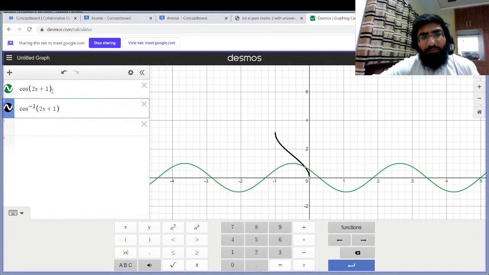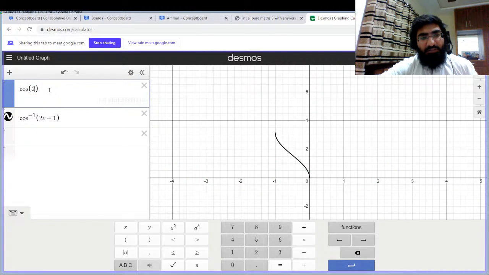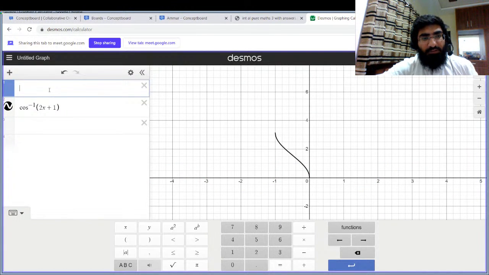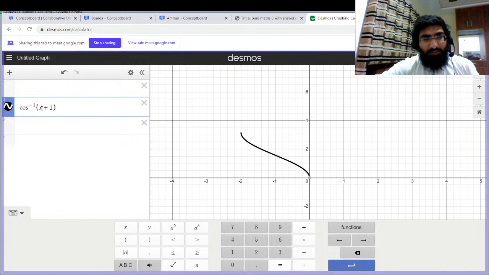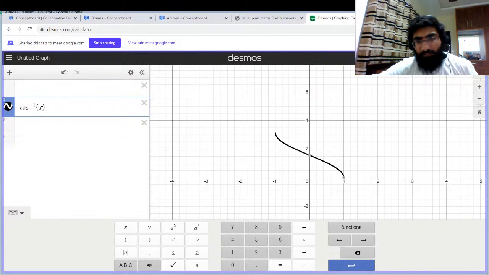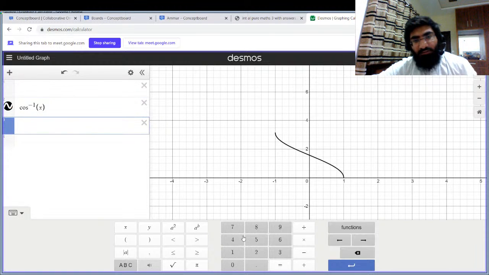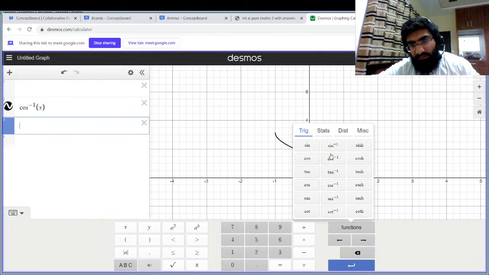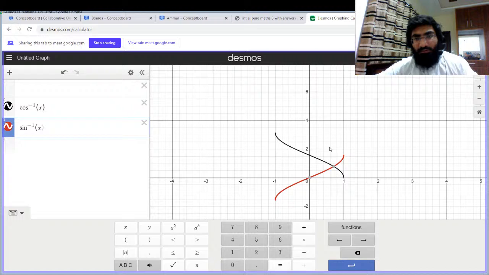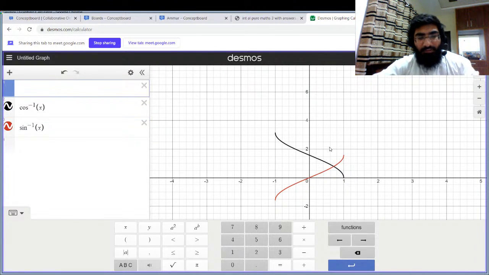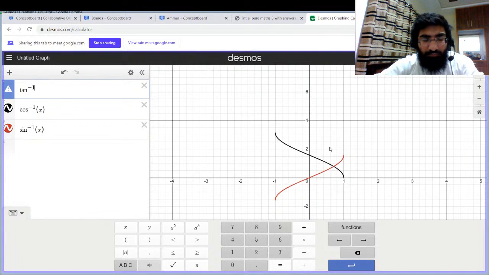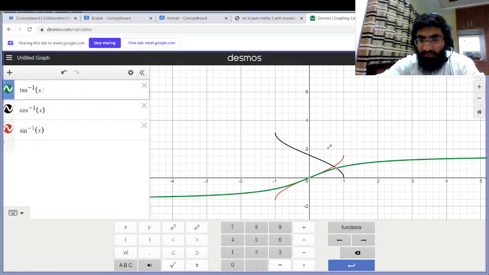A rough rule is to simply see that this is what the graph of cos inverse of x is like. And sine inverse of x is this. And tan inverse of x is this.